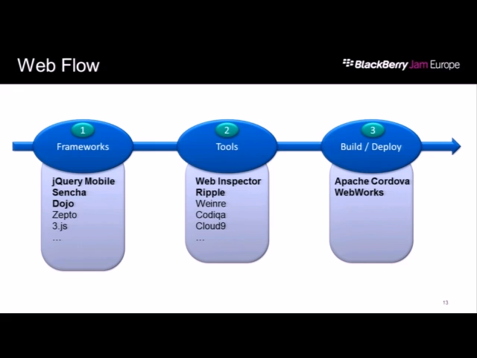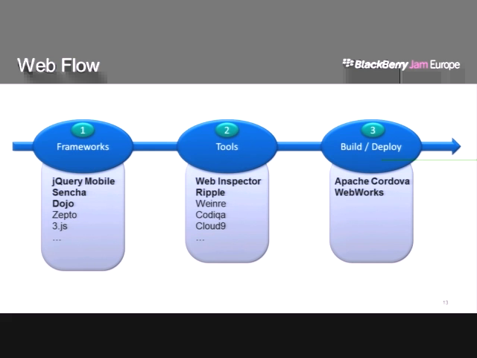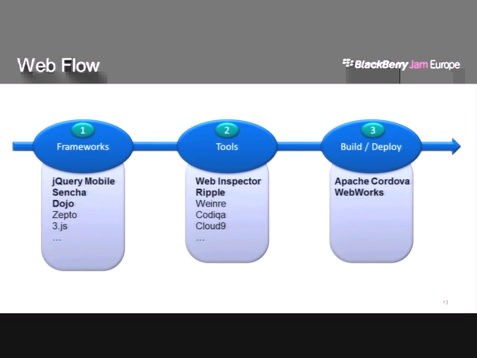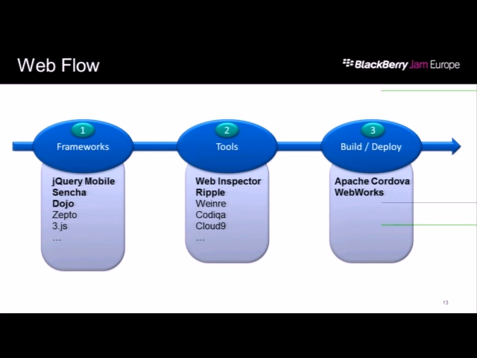This is really what the web flow for application developers looks like. Many people don't stick with just vanilla HTML, CSS, JavaScript. They use a lot of the common frameworks that are out there, including jQuery, Sencha, a whole bunch of frameworks. They'll use tools to debug, and I think that this, moving forward, is very much a key area for taking the web as a platform for mobile applications further.